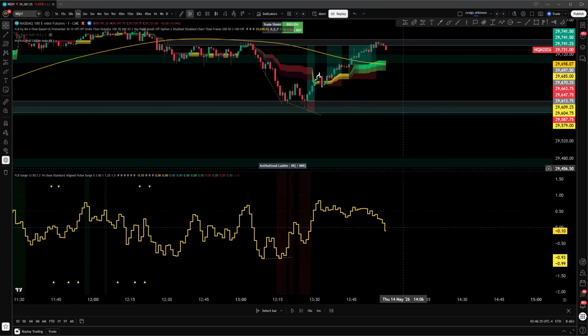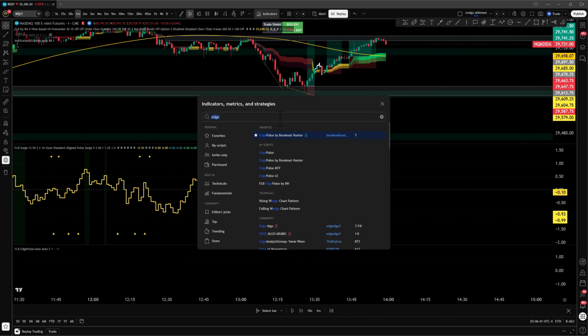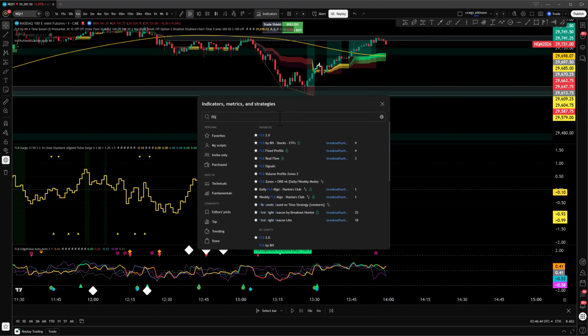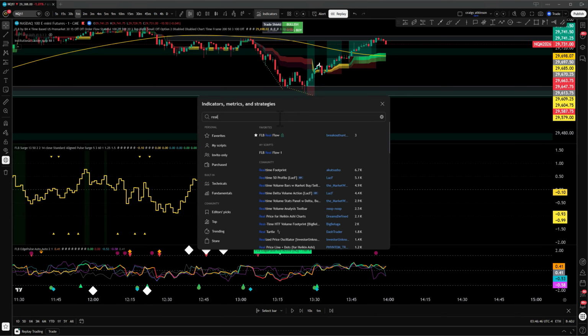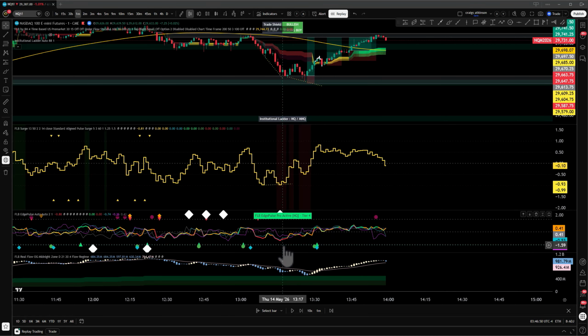So just to put it all back together, we'll just go back to edge pulse and then real flow. And then, yeah, so we got a rejection of real flow. We have a divergence on surge, which is generally for pullbacks.